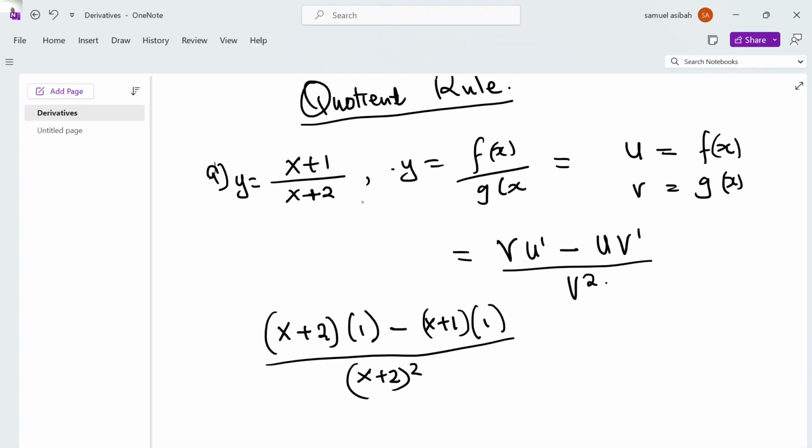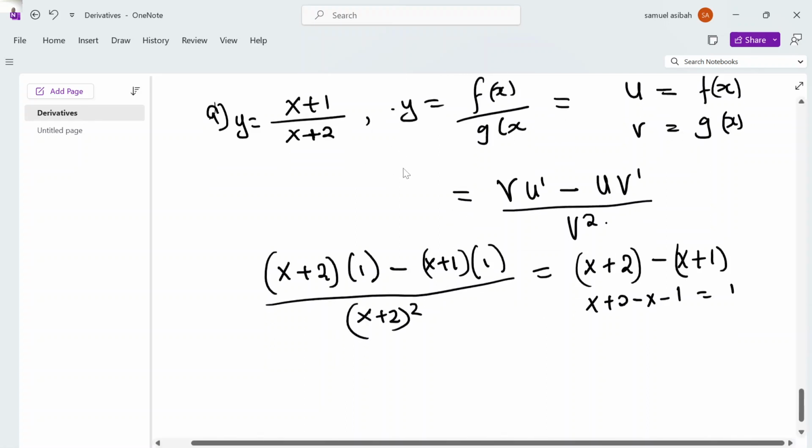So you get this one in the form of x plus 2, and then the second one is x plus 1, so we have x plus 2 minus x plus 1, because 1 has no value there. Then x cancels x, and 2 minus 1 gives you the numerator, 1.